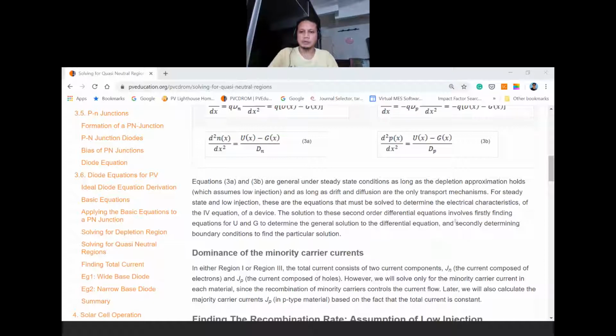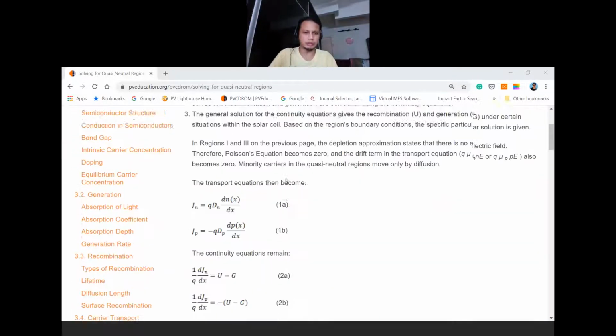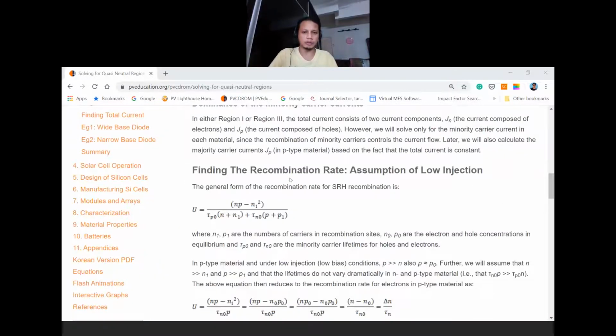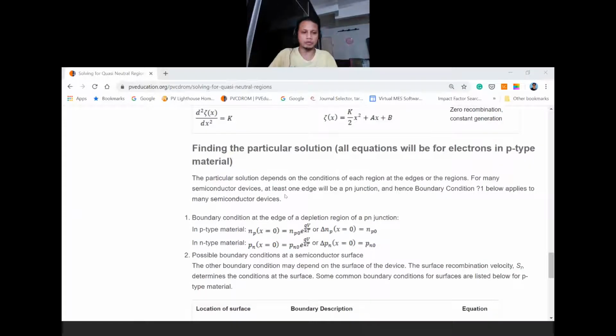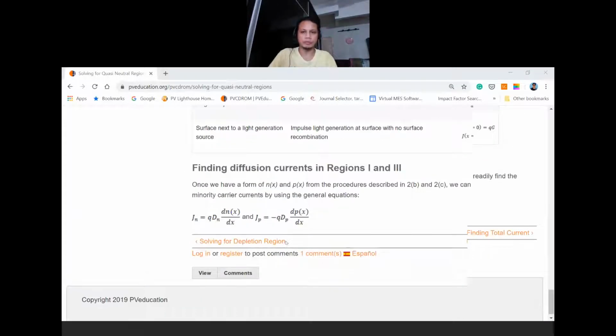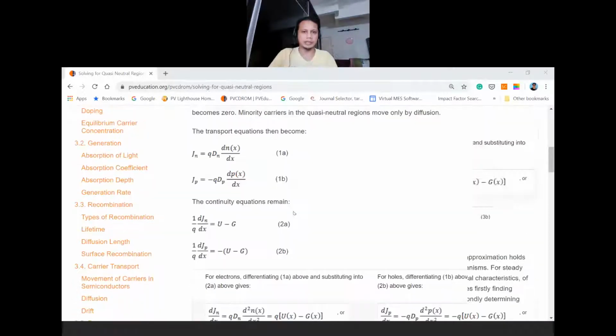You can have a look at this section, and it's going to show you the long derivation on how you actually get the general solution. On my slide, I just summarize the finding.